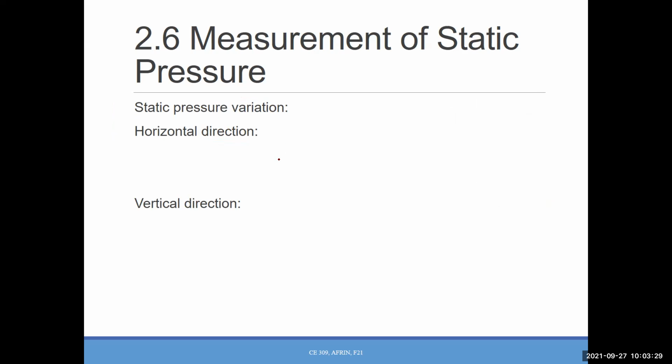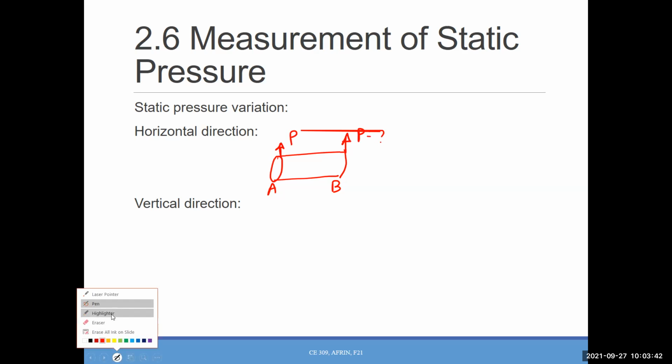For the horizontal direction, if we have a fluid column, any fluid column, point A, point B, what will be the pressure variation between point A and point B?